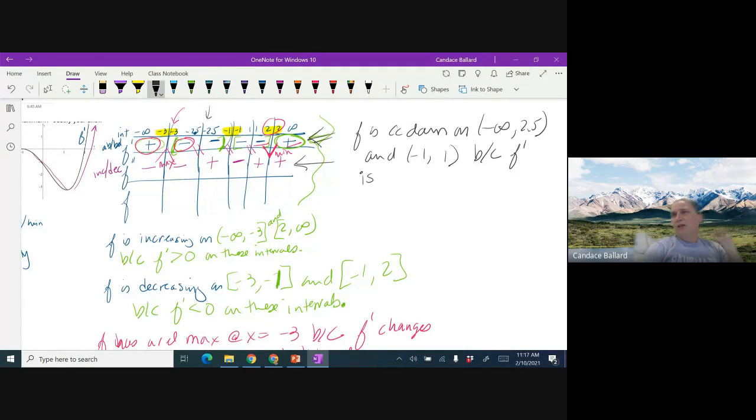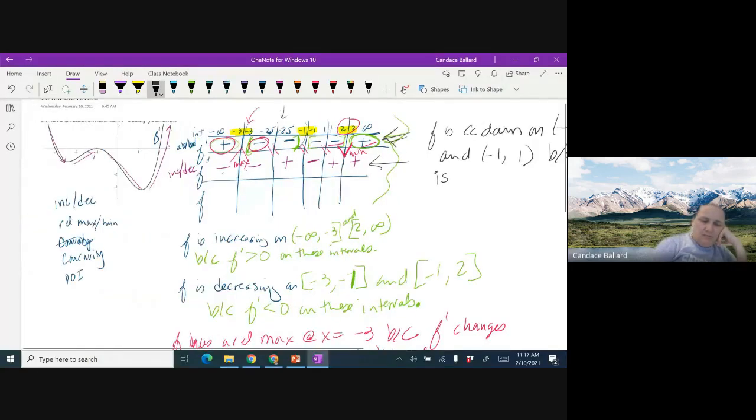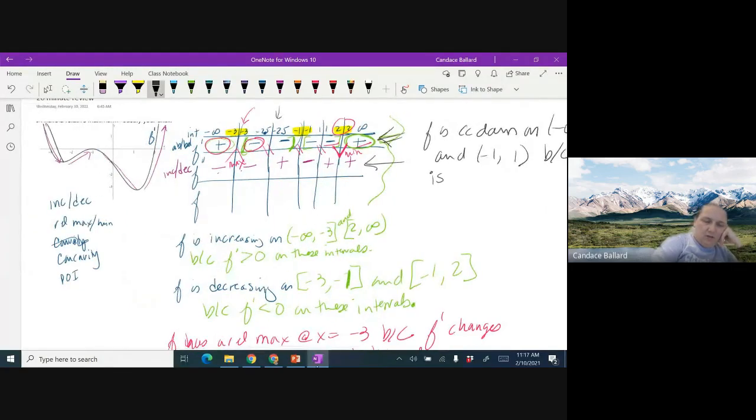Okay, so what do we think? F prime is, what's actually happening for me to get negatives here? What was happening in the picture? So we want to read it as it was increasing or decreasing, because remember, that's how I got to second derivative.